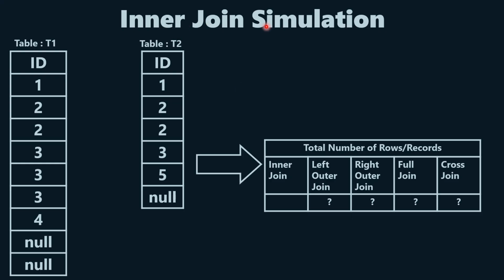So here is the inner join simulation, with table T1 and table T2. What is the output?